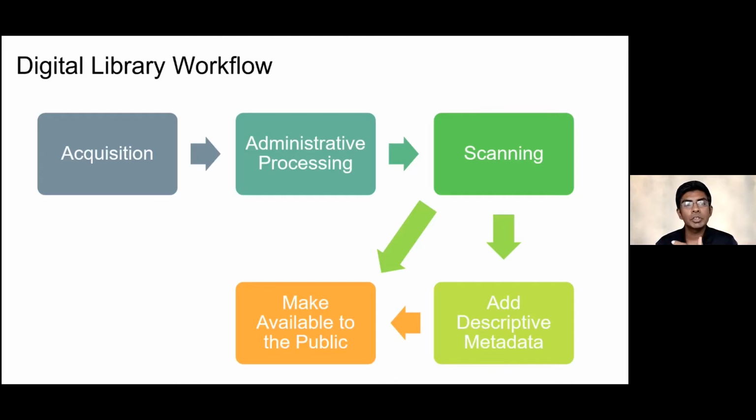So that's why we need to move to the next step to add the descriptive metadata. So archivists or curators, they look at the photographs and they describe what's in there. If there are any individuals, they try to identify them and try to describe what's happening in the photograph, what objects are available. They add all of these descriptive metadata to the photograph, and then you make it available to the public.